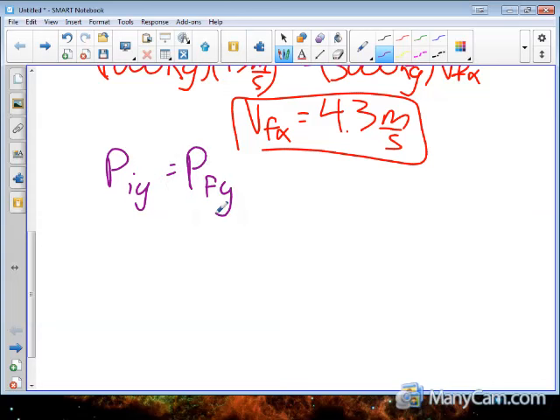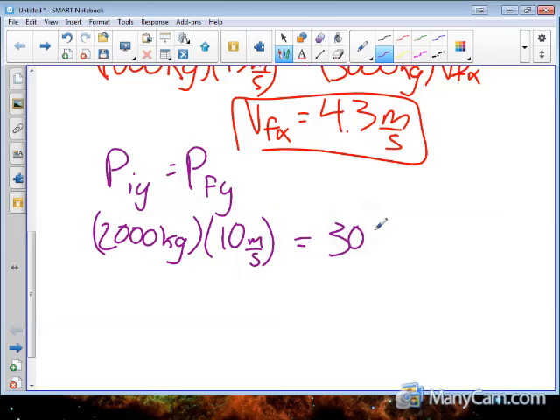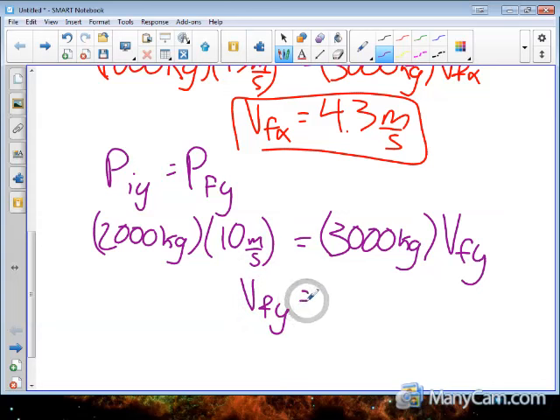Initially it's all coming from purple, so that was 2,000 kgs times initial velocity of 10 meters per second equals, again they stick together, so it's M1 plus M2, that's 3,000 kilograms, times V final in the y direction. And VFY equals 6.67.